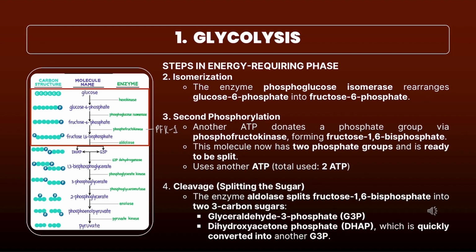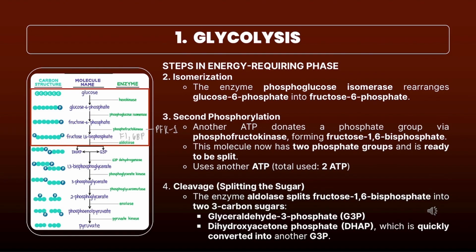Again, another ATP will donate the phosphate group through the enzyme phosphofructokinase, and because of that, we will now produce fructose 1,6-biphosphate, or F1,6BP.